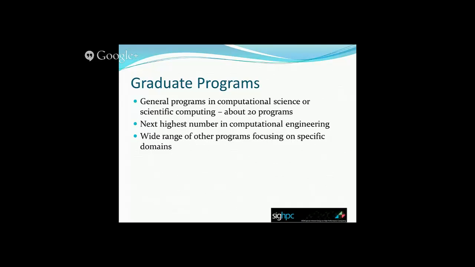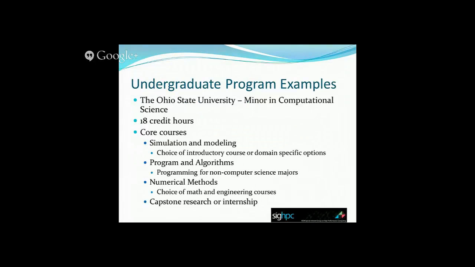And then there are a wide range of other programs that focus on specific domains, whether that's bioinformatics or material science or something very specific. So it's very difficult to summarize in just a couple of slides. We'll go back and look at the list of those programs in a little bit.